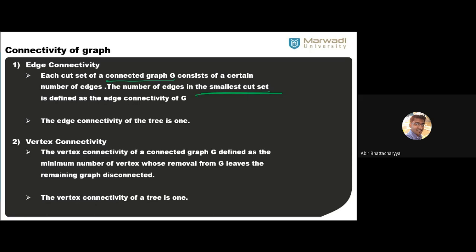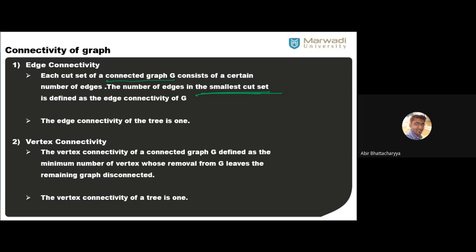Clear? Okay. So what is vertex connectivity? Vertex connectivity is a similar concept. Again, it is the minimum number of vertex removals, not edges this time. This time we remove the vertex.